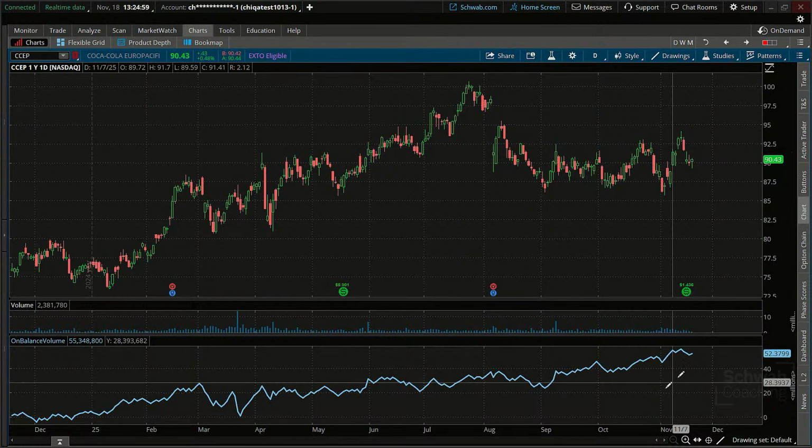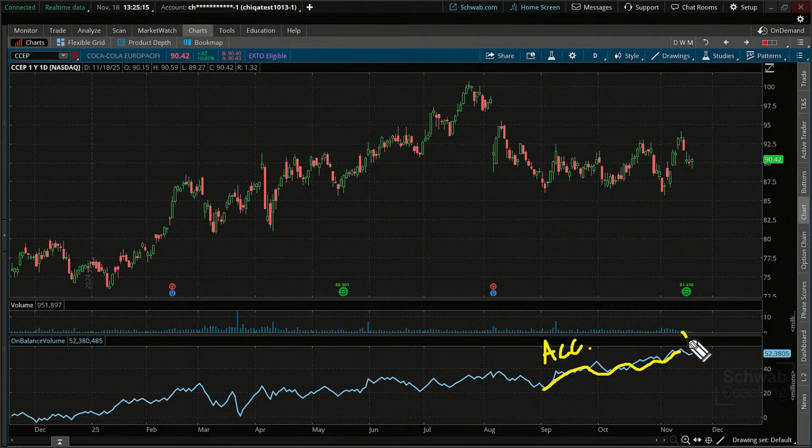Over periods of time, you might start to see accumulation of volume. Is the trend going higher? Folks, ACC for short, I'm seeing that trend going up. We just hit a brand new high on accumulation of volume in terms of the OBV. OBV for short. You might hear it called that, on balance volume.